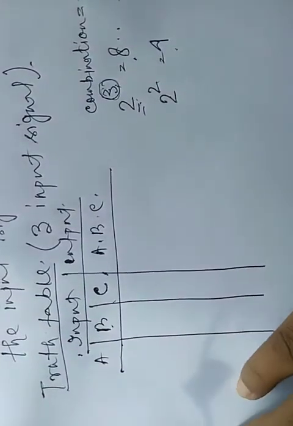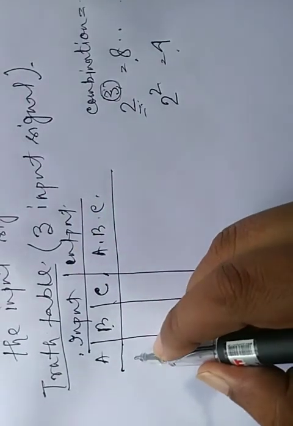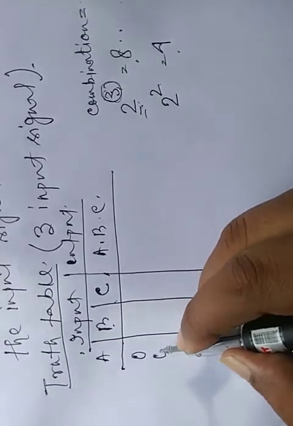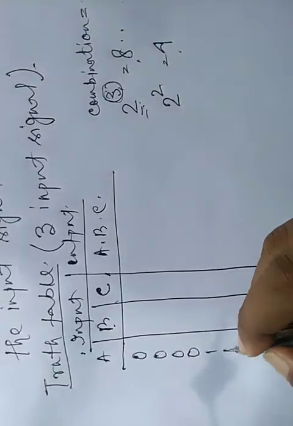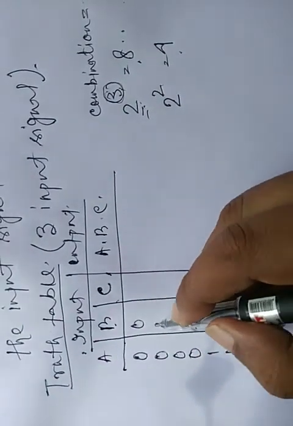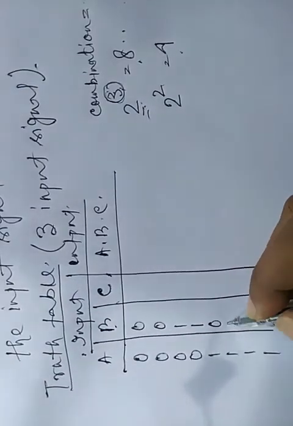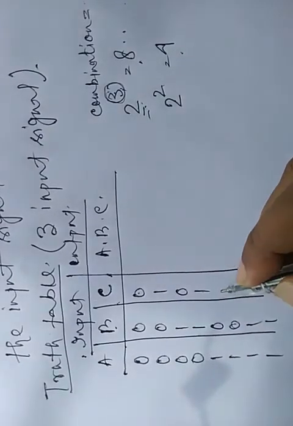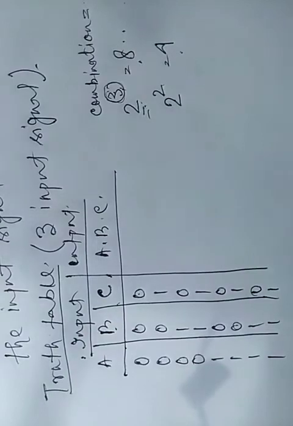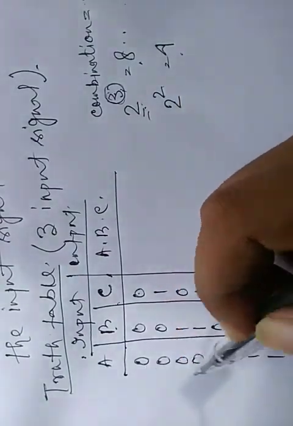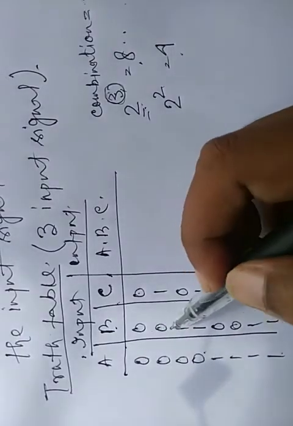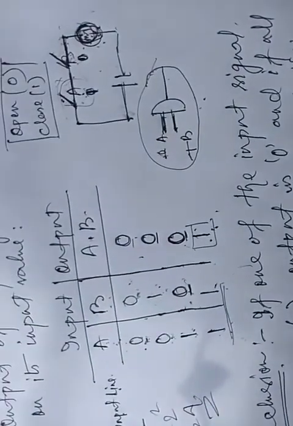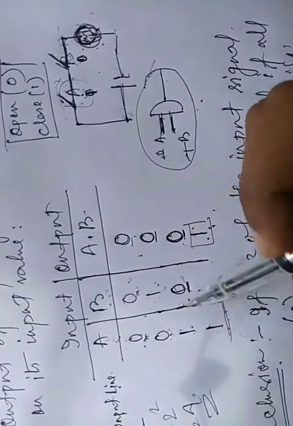So what are the 8 combinations? For your understanding, I am writing here this way: 0 0 0, 0 0 1, 0 1 0, 0 1 1, 1 0 0, 1 0 1, 1 1 0, 1 1 1. You can remember it like this: in the first column 4 zeros then 4 ones, in the second column 2 zeros then 2 ones repeated, and in the third column 1 zero then 1 one alternating.